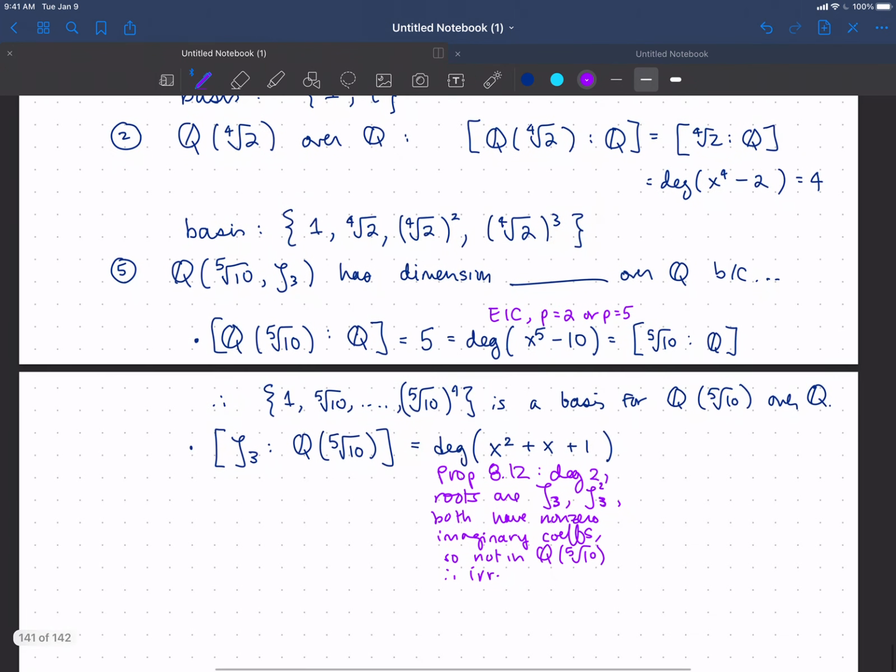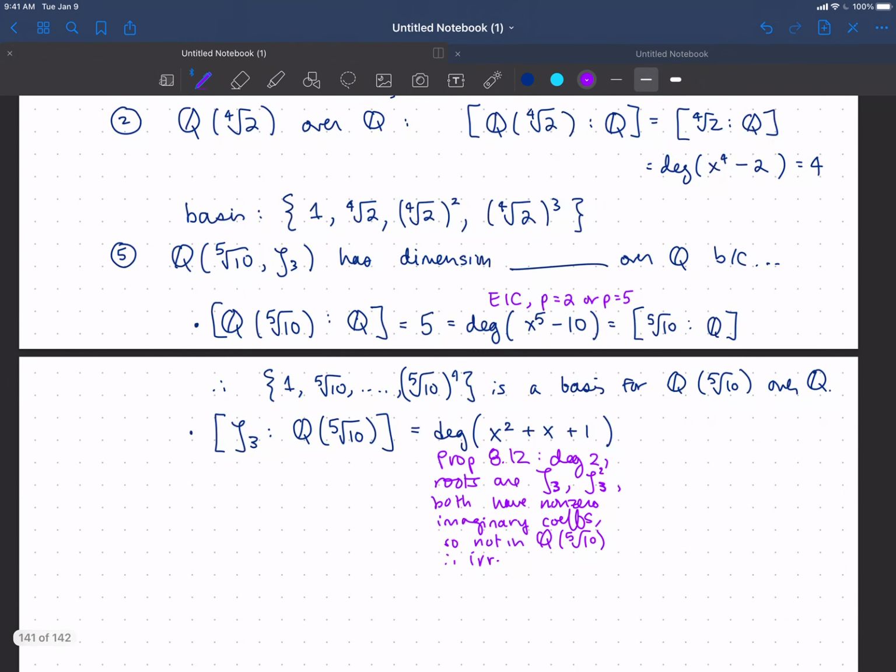And this tells me that my basis for Q adjoin 5th root of 10 also adjoin zeta 3 is going to look like 1 and zeta 3. Basis for Q adjoin 5th root of 10 and zeta 3 over Q adjoin fifth root of 10.